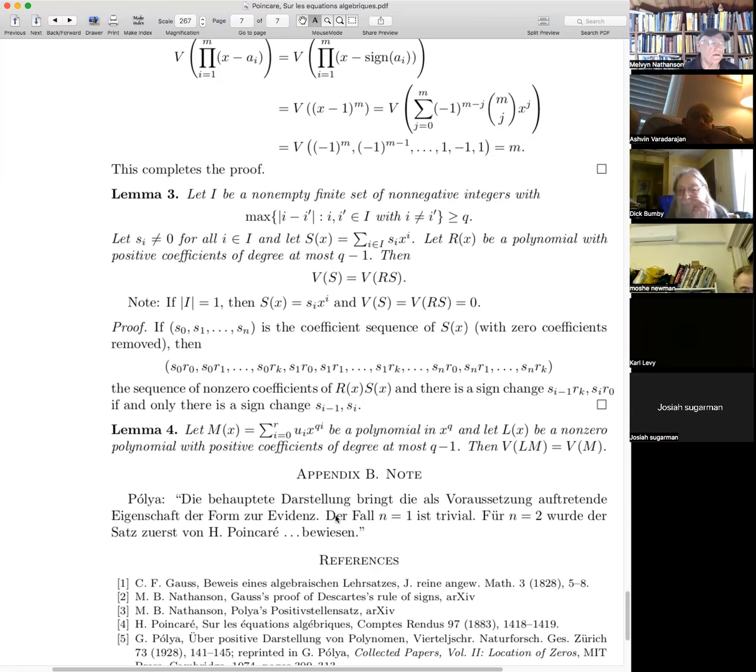And he says that what Poincare has done is prove the case for him of homogeneous polynomials in 2 variables. Polya's theorem says if you have a homogeneous form in n variables, which is strictly greater than 0 everywhere in the non-negative orthant, except for 0.